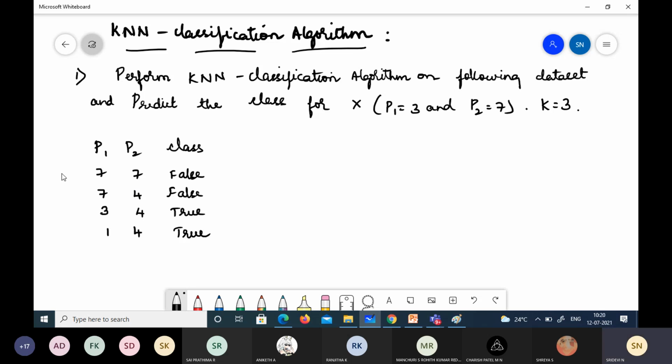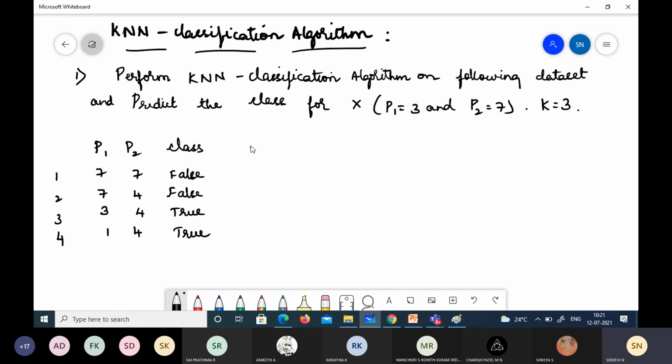Okay, so let's take this as 1, 2, 3, 4. So we have 4 data records. Now we have to find out which class this record belongs to by applying the KNN classification algorithm.